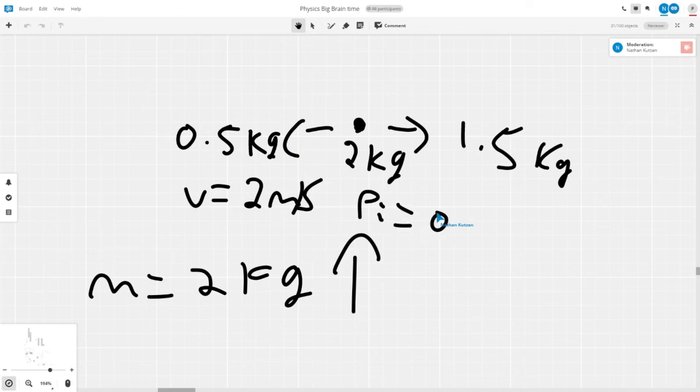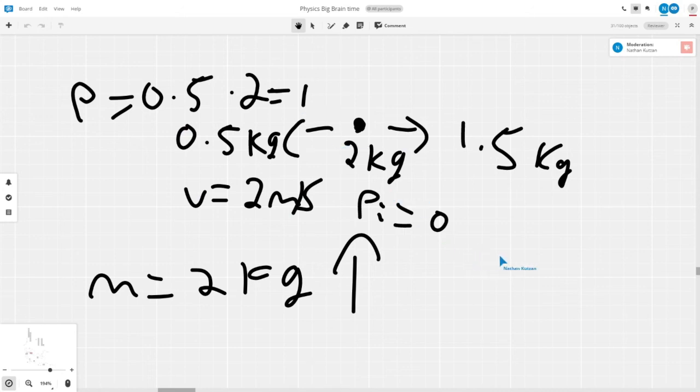So then, what is the momentum of the mass that goes to the left? 1. Yep, because it's going to be 0.5 kilograms times the velocity, and that's going to be 1. So what does the momentum of the right side have to be, since we know that the final momentum has to be 0 for the system? -1.